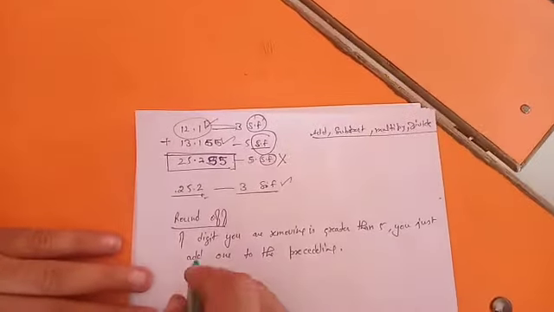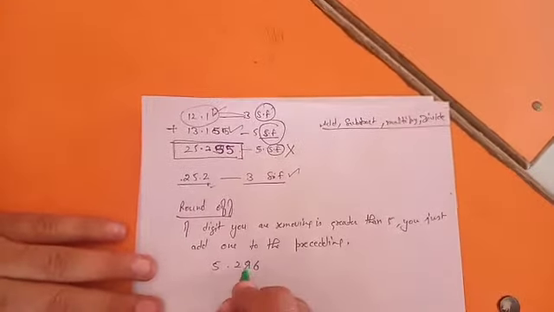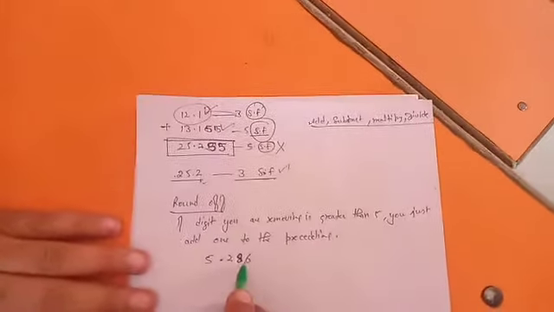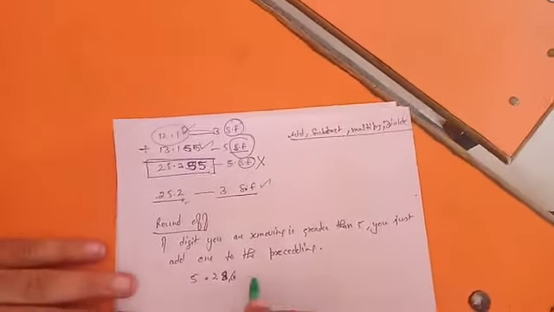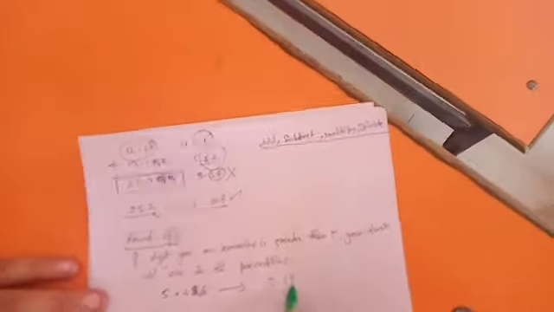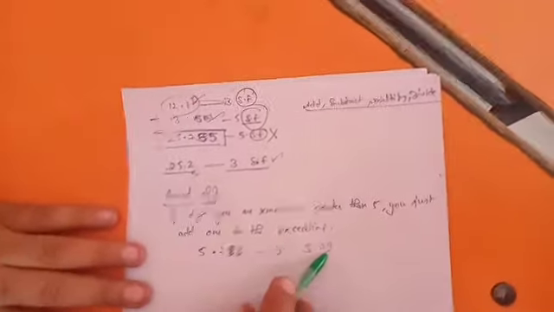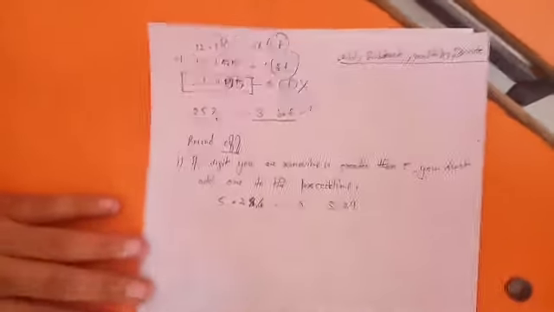For example, suppose we have 5.296, we have to round it to 2 decimals. We know that this digit is more than 5, so it will be rounded as 5.30. Meaning to say we drop this one, but we add 1 to this digit. So that is your first rule regarding how to round off. Because we have to round off our numbers, after different mathematical operations, to the lowest number of significant figures, that's why we need to round off.